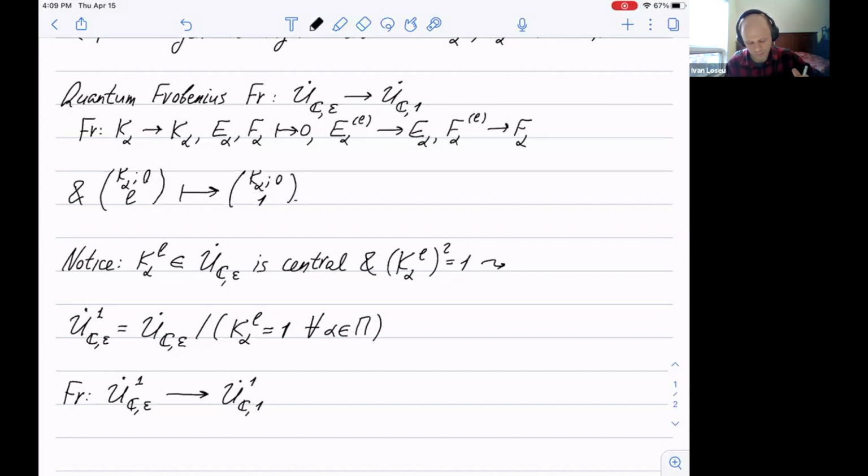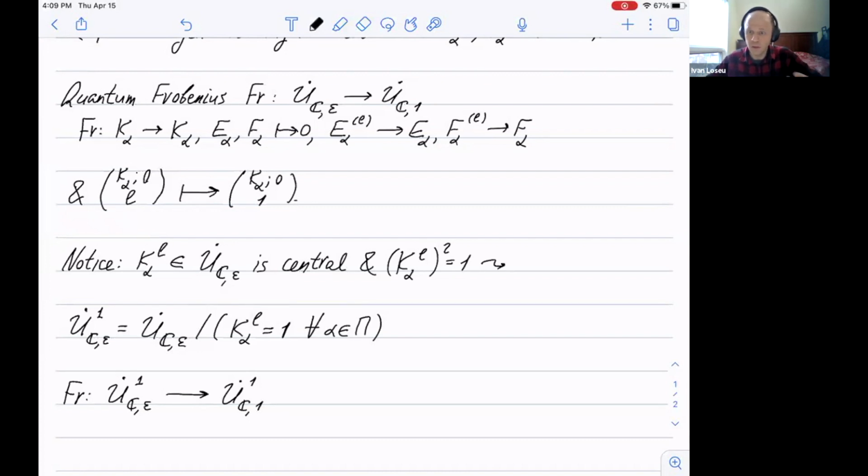Well, we have learned in Jize's talk that when in Lusztig's form you specialize the parameter q to 1, what you get is very similar to the classical universal enveloping algebra.